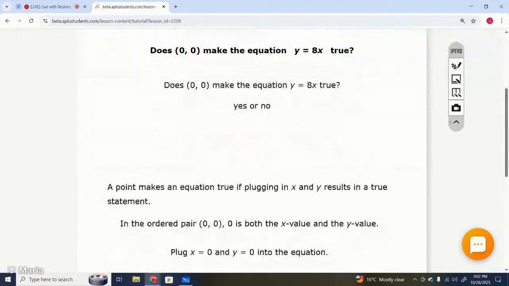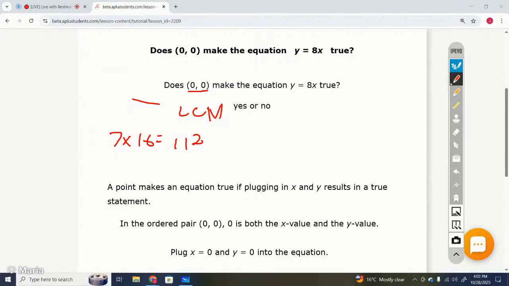Does 0, 0 make the equation y equals 8x true?